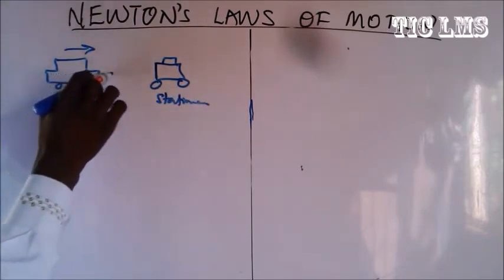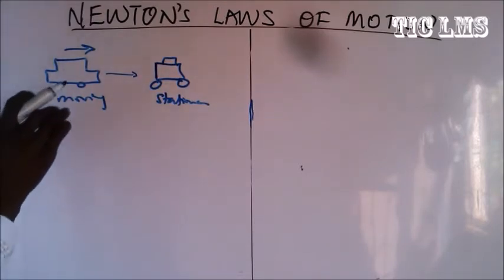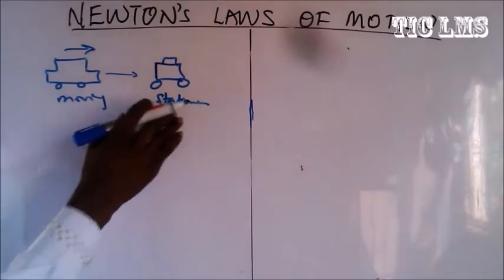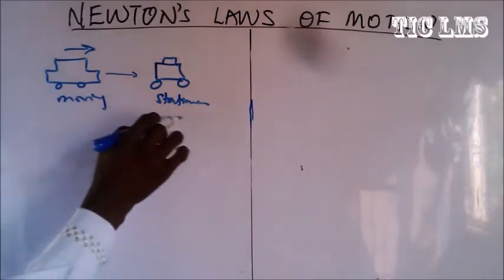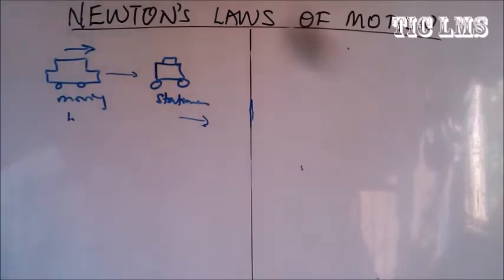Now it moves and it hits the stationary car. There is a possibility that this moving car can set the stationary car into motion if the momentum of this car is large enough. So it is possible that this moving car will set this into motion, but it will not move as fast as this original car was moving before.